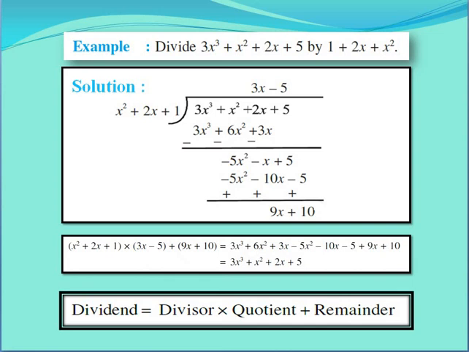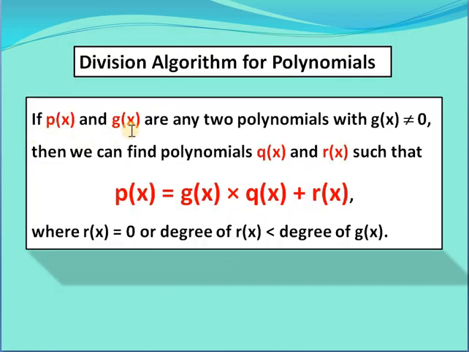If p of x and g of x are any two polynomials with g of x not equal to 0, because division by 0 is not defined, then if you divide p of x by g of x, you will get a polynomial q of x as the quotient and a polynomial r of x as the remainder. That is, dividend equals divisor into quotient plus remainder: p of x is equal to g of x into q of x plus r of x. This is the division algorithm for polynomials.